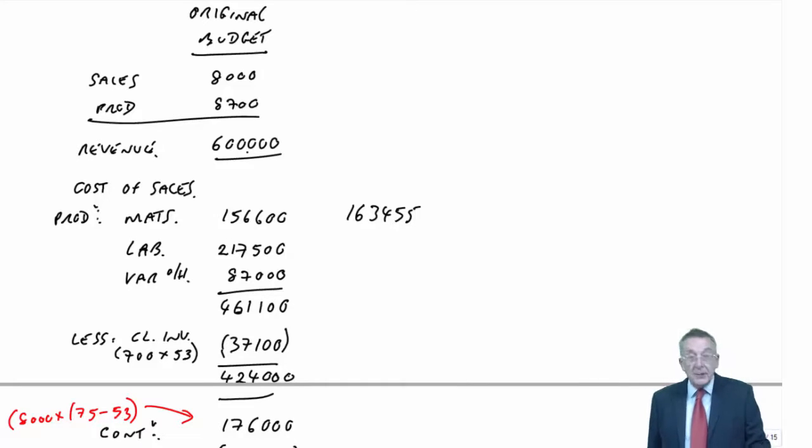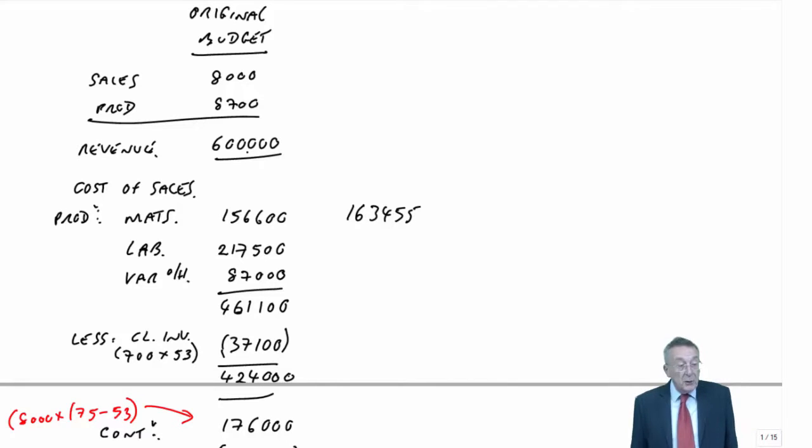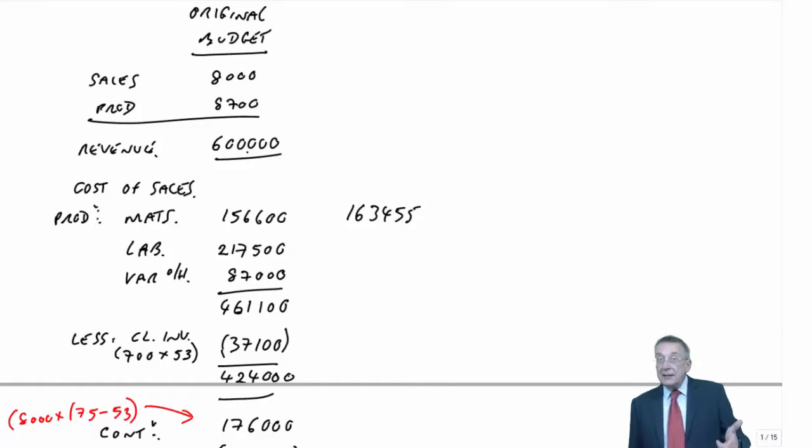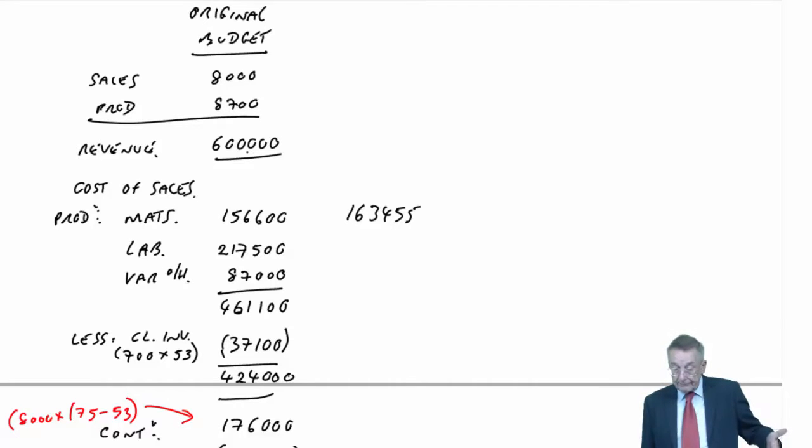We actually produced 8,900 units. Well, obviously if you produce more, you'd expect to spend more anyway. It's a silly comparison. What I really need to know is, are we spending for materials $18 a unit, which is what we should have done, or not? And I spent more, but you know, maybe we are spending the correct amount, $18 a unit.